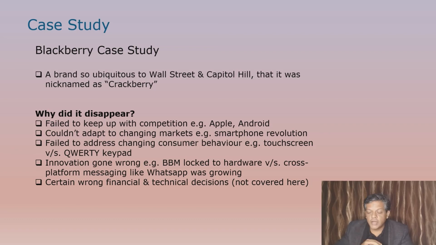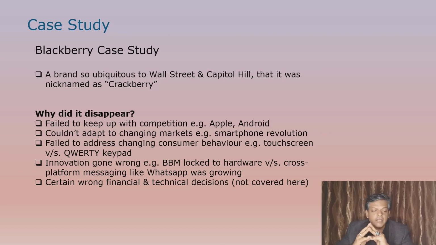Then they also made the mistake of innovation going wrong. It's not that they did not innovate, they were very innovative in their products initially. But what went wrong is the BBM or the BlackBerry Messenger was locked to the hardware at a time when cross-platform messaging like WhatsApp was growing and catching up in the market.